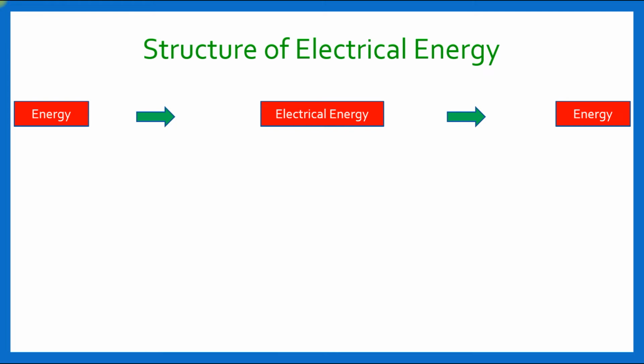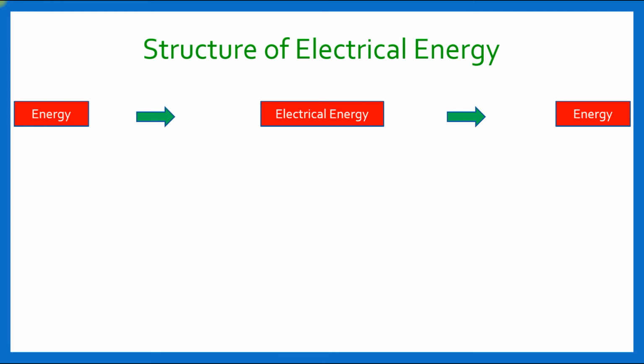Generally, first we have to generate the energy, and then we have to transmit it, because generating stations are very far from our load centers. After transmission we have to distribute the energy, and after distribution we have the utilization part.